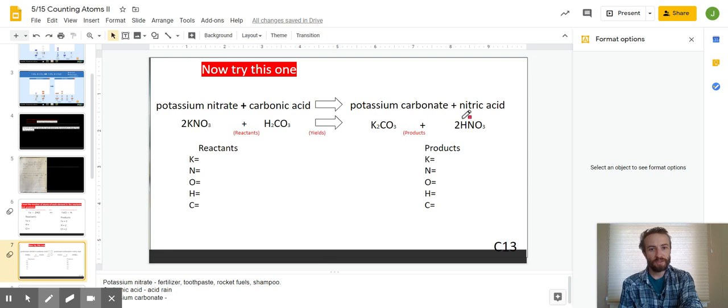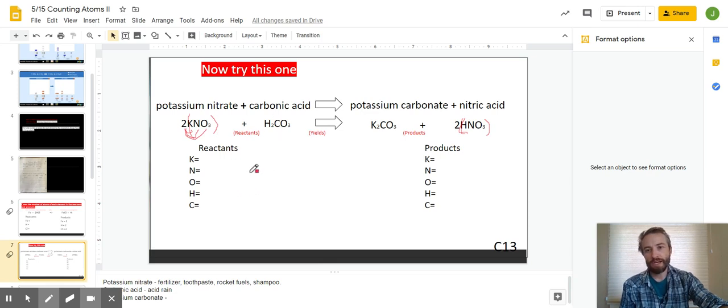So I'm going to draw in some parentheses very carefully here to help myself count these, and hopefully that's helpful for you. So we're just counting the atoms here. So if you're doing the distributive property, you're going to multiply the 2 times the H, the 2 times the N, and the 2 times the O3.